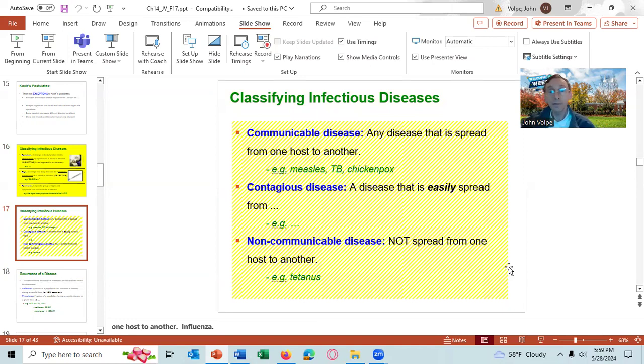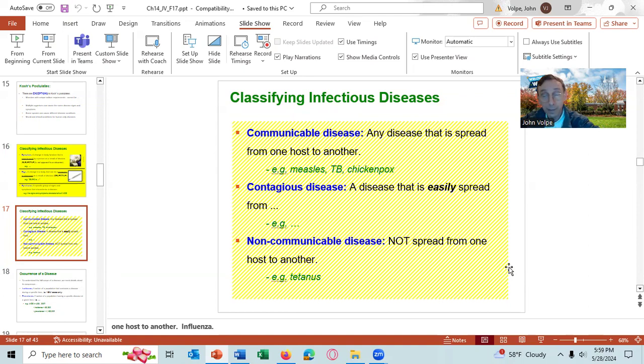A communicable disease is any disease that can be spread from one host to another. For example, measles, tuberculosis, and chickenpox are all communicable diseases. A contagious disease is a disease that is easily spread from one host to another.